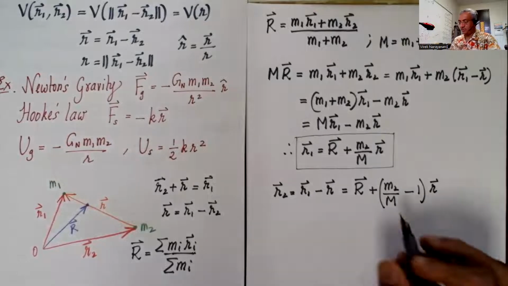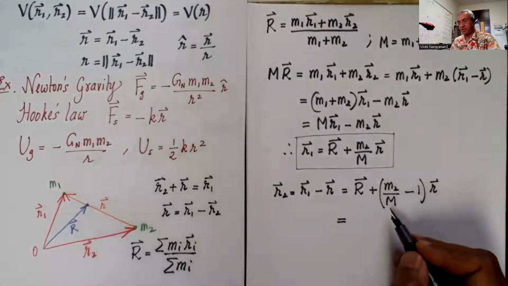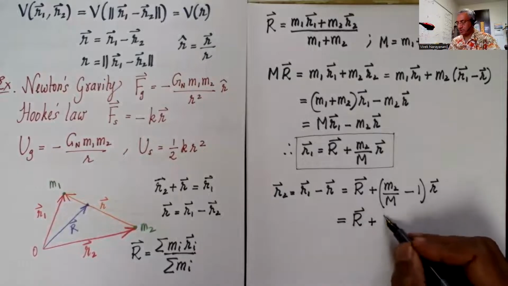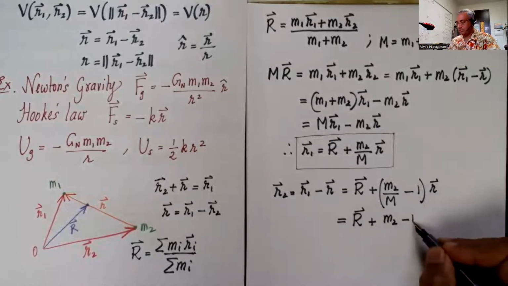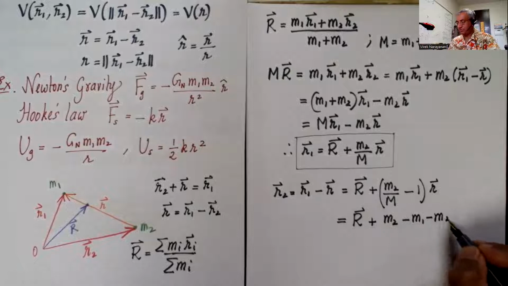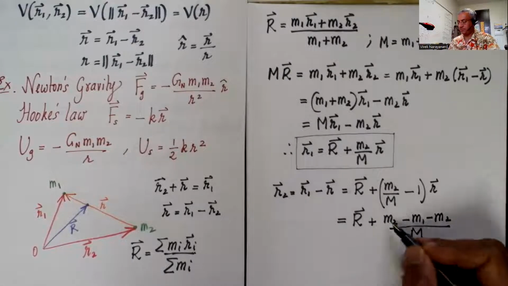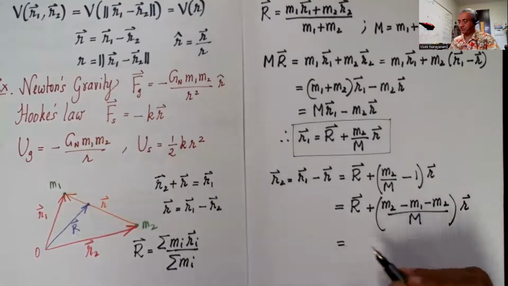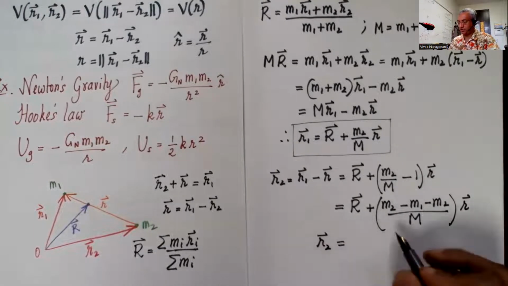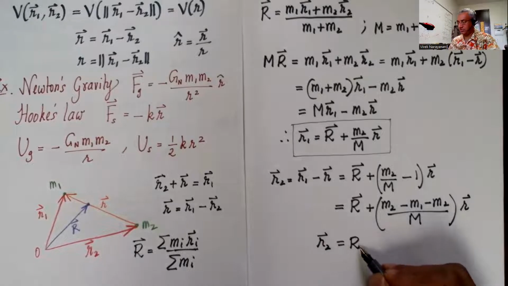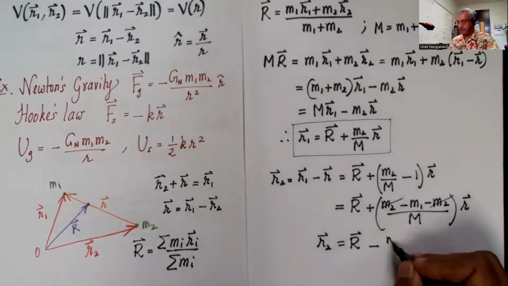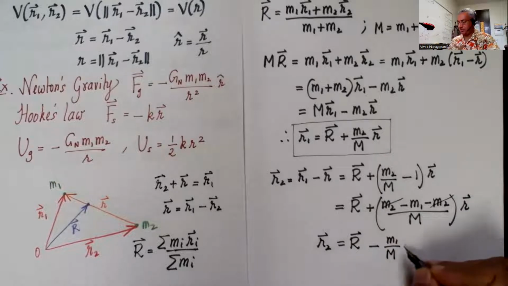Let's simplify this. Remember that capital M is M1 plus M2. So if I take the common denominator, I'm going to get M2 minus M1 minus M2 divided by capital M times r. And so that's my second equation, R2 equals R minus M1 over M r.